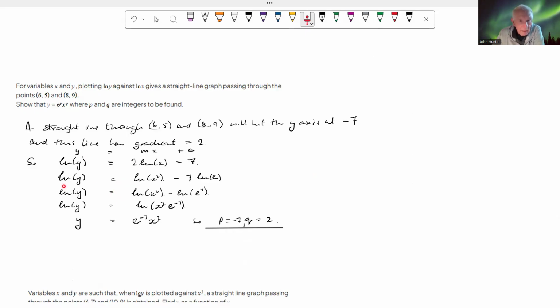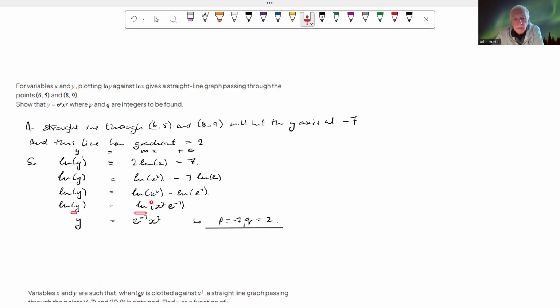So that's our straight line. So we can rewrite that. Again, we're going to bring the 2 inside the argument to give us that. And when we do the same thing with that 7, we're going to get natural log of y equals natural log of x squared minus natural log of e to the power 7.